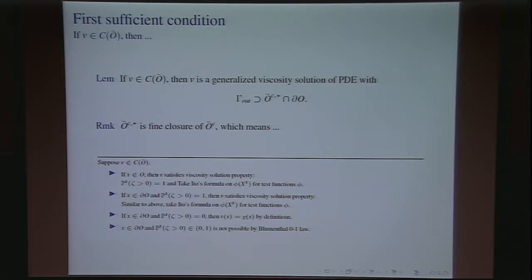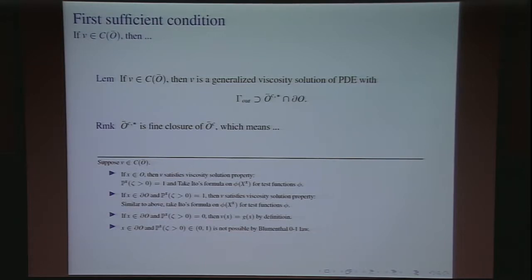But if V is continuous up to the boundary, then V is a generalized viscosity solution. And we can also say something about gamma out, in other words, where you can expect to meet the boundary. So that gamma out can be considered as part of the solution.